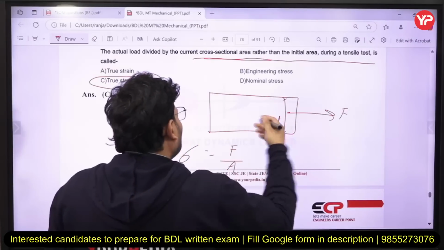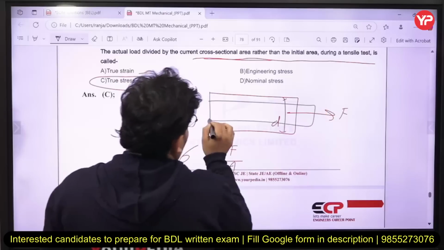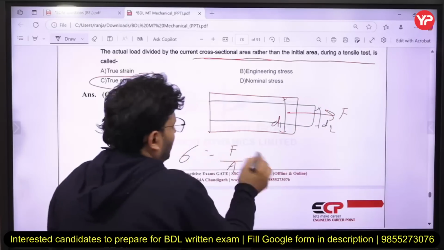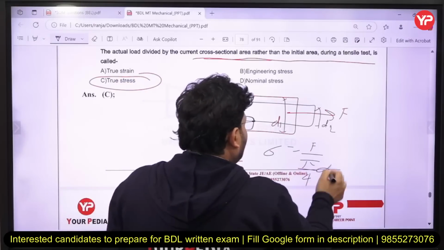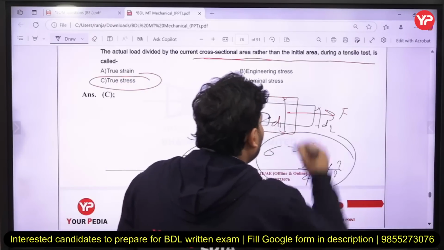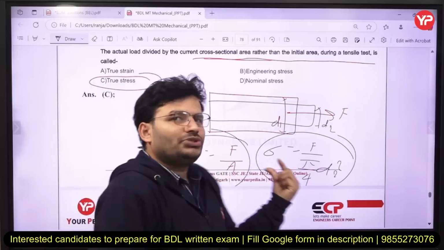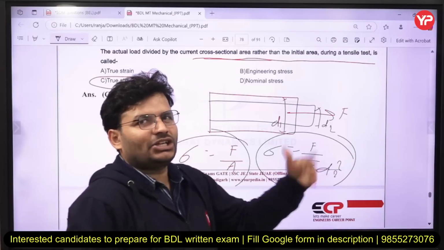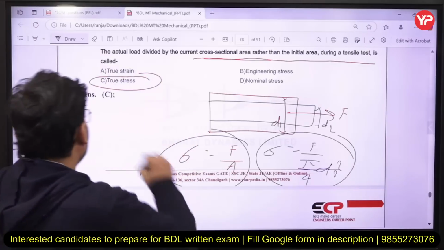But as you increase the load, the shape will also change, no? So if you use that d2, let's say, stress is F upon pi by 4 d2 square, then this will be called true stress. And this is called engineering stress, in which you use the initial diameter only. But here, as the load increases, the diameter keeps changing. So at that load you calculate the stress, which is called true stress.